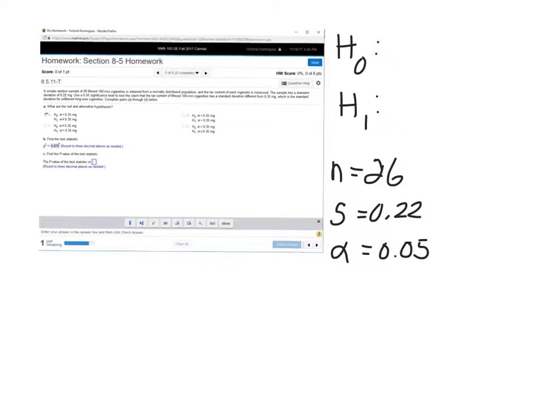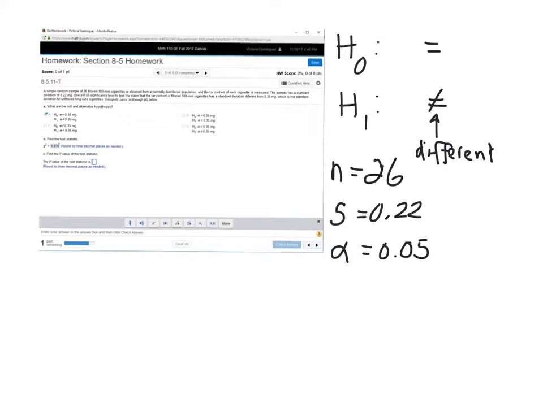And we're told that we're testing the claim that the tar content of the cigarettes has a standard deviation different from 0.35 milligrams. So not equals will go in the alternative hypothesis. That means different. Remember, our null hypothesis always has equals in it, always, no exception to that.